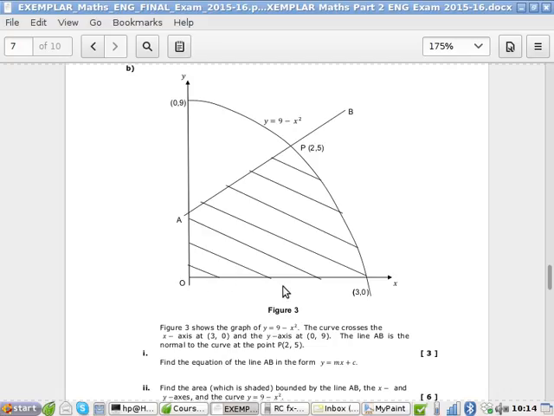In the 0 to 2 part, what is the function you use to integrate? Is it the line or is it the curve? When you look from 0 to 2, the line. So you have to integrate the line you just got. If you don't want to integrate, you can make a triangle and do it this way, that's fine. And then from 2 to 3, what function do you integrate?